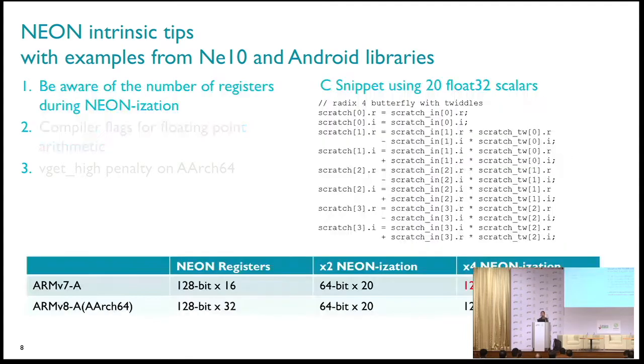Excuse me, can you go back to the slide? One of the reasons why I use intrinsics is because I don't have to worry about the register allocation. Now, one point to note over here is that you're saying you have to be aware of the architecture you're running so that you don't use more than 16 Neon registers, right? 128-bit registers, right? Yes. So then I always have to code to the common denominator, right?